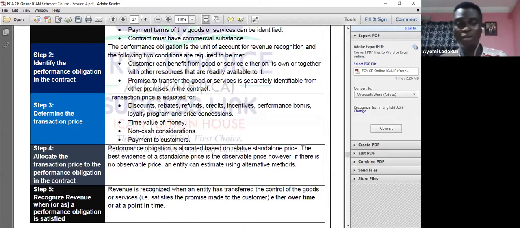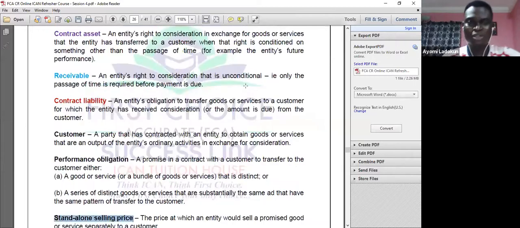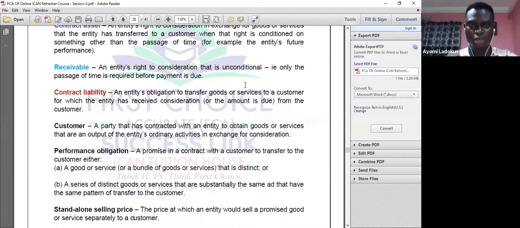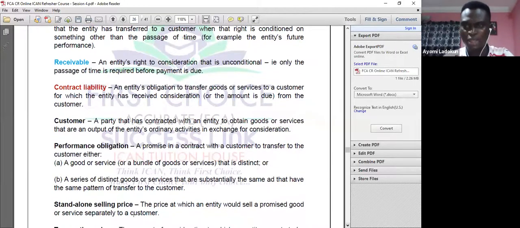But when it's not a situation like that, maybe you need to supply continuously, or probably you are rendering a service that takes place over time, then you just have to spread your revenue over time, just like what I said earlier. But if it's a one-off item and you sell it, then you recognize revenue at a point in time. Is that okay? So that's it.